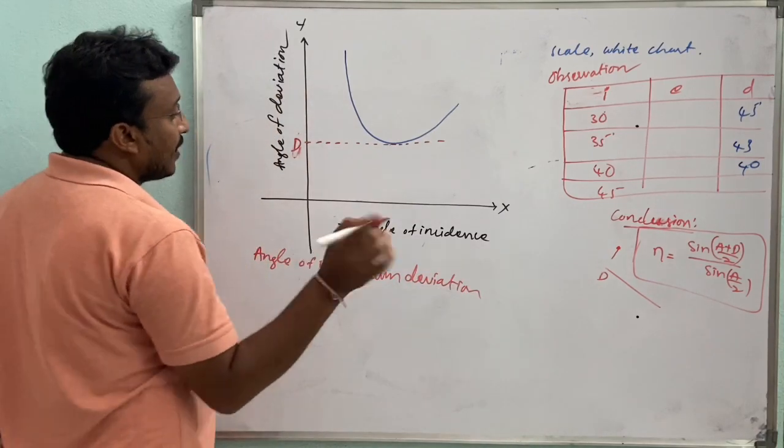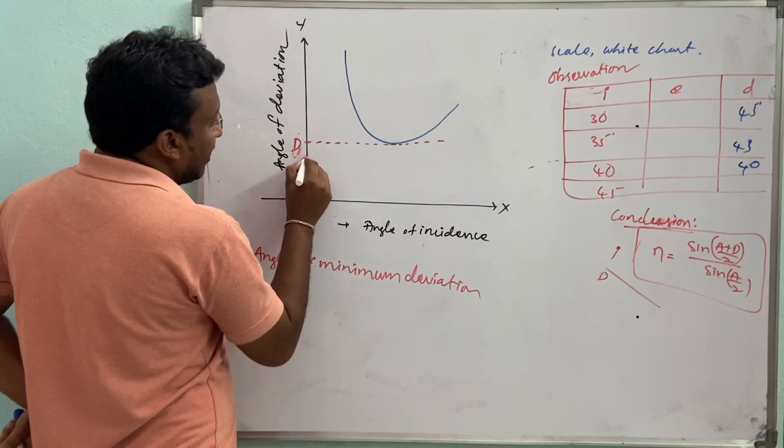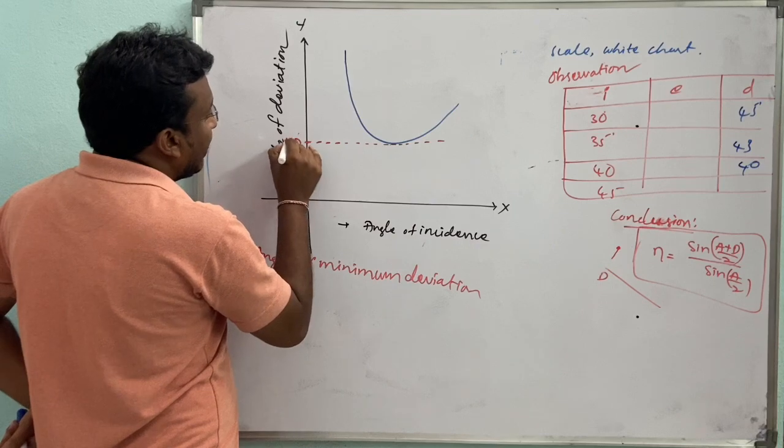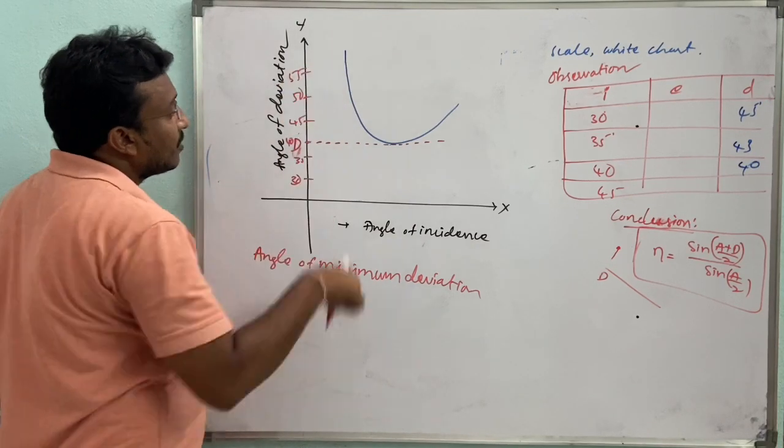For example, here you can take 30, 35, 40, 45, 50 and 55.